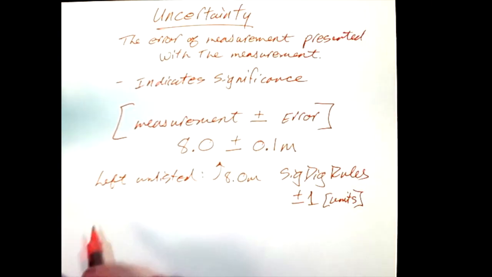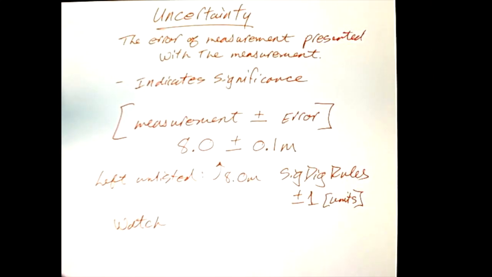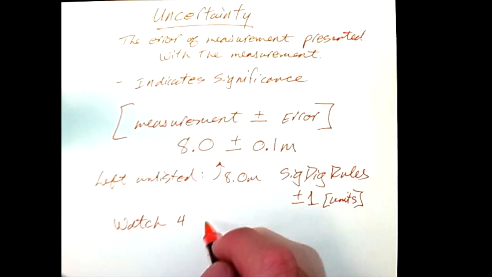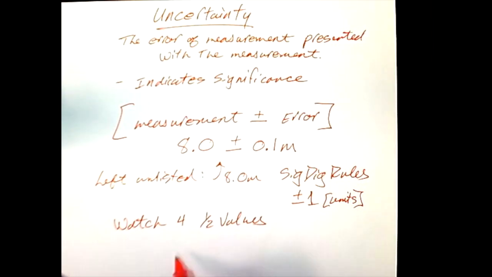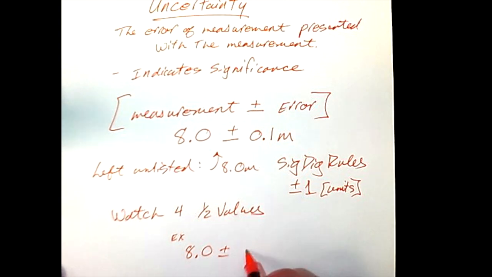It's important to look out. Occasionally, depending on the device, you will see error measurements that are not multiples of 1, which is why they're often listed. Sometimes you will see half values used as measurements. In other words, an example would be 8.0 meters plus or minus 0.5 meters.